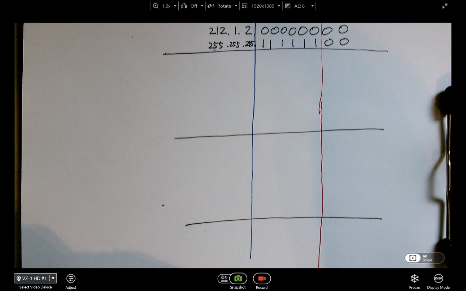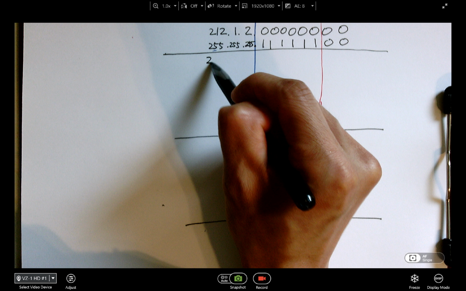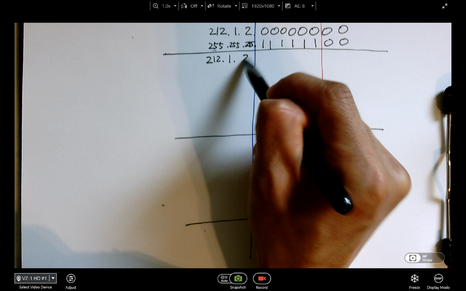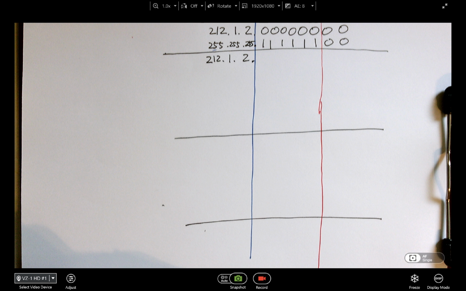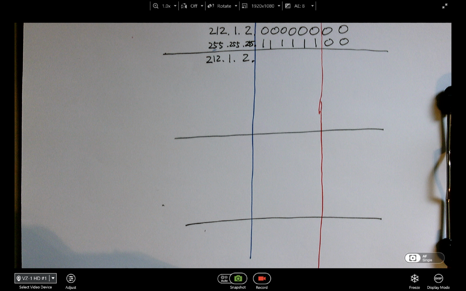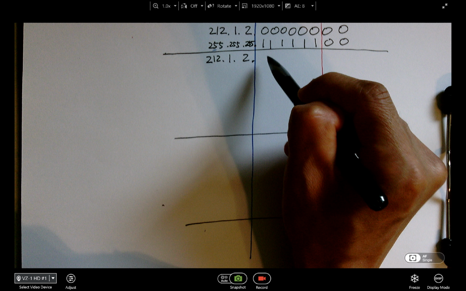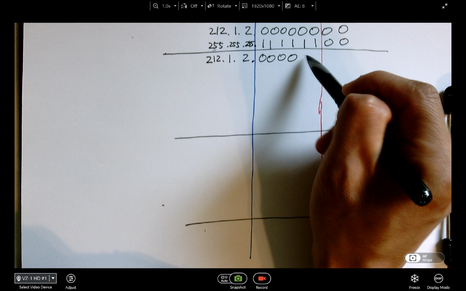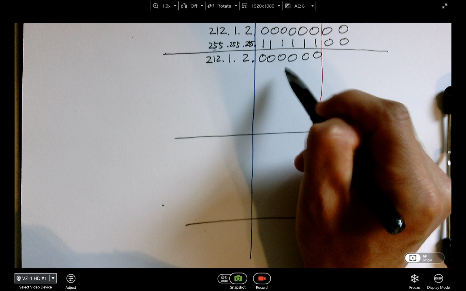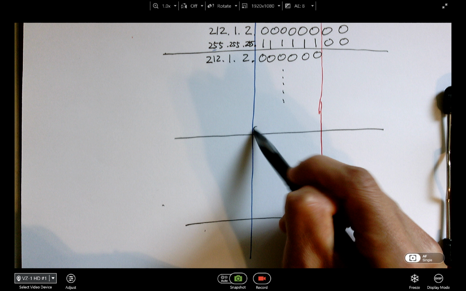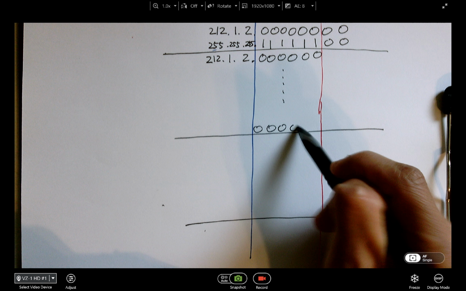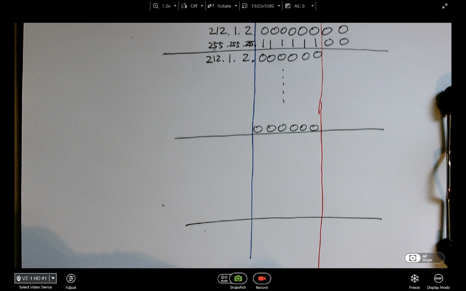So obviously for the first, the network address is going to be the same, right? I have the same network address. And then my first subnet is going to be 0, 0, 0, 0, 0, 0. And then this is the same. That's my first subnet.